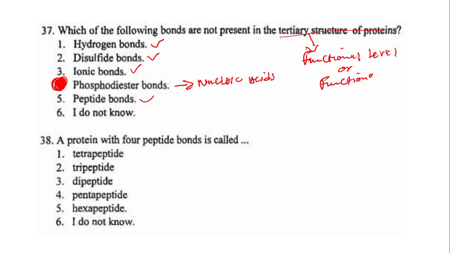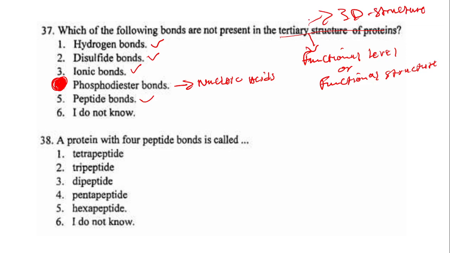This is where a protein has already achieved a 3D structure. At this particular point, a protein has attained its 3D structure. As a result, it becomes functional and it's able to do its functions.